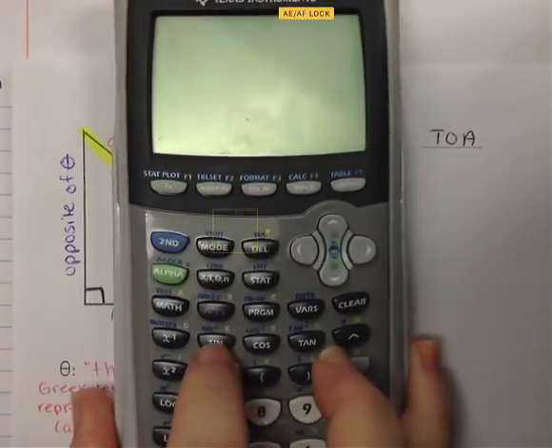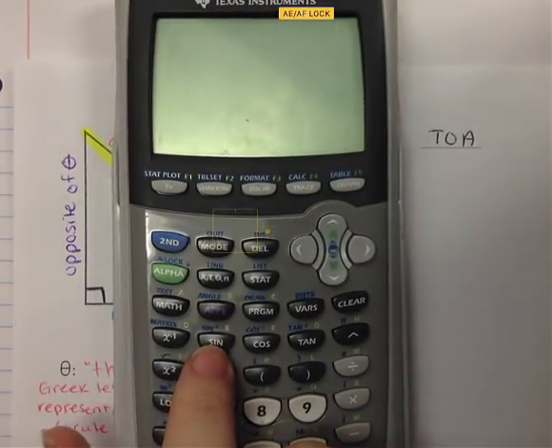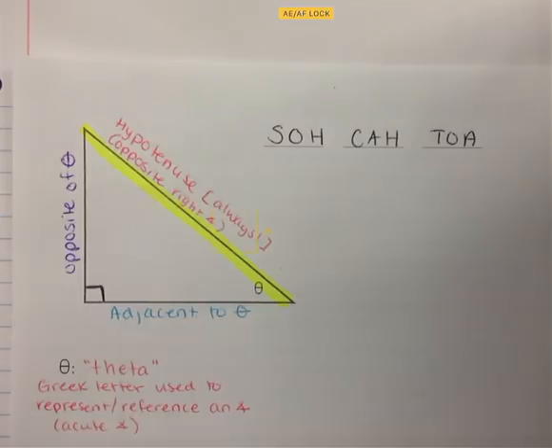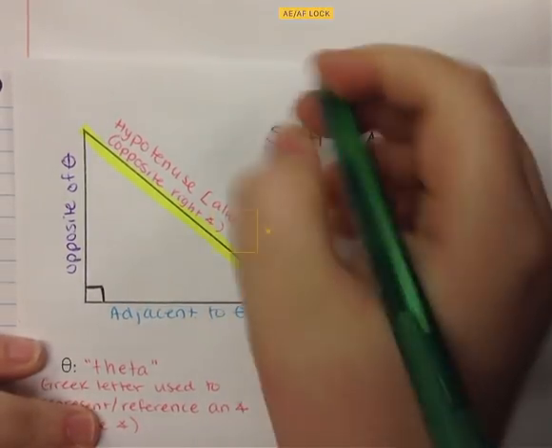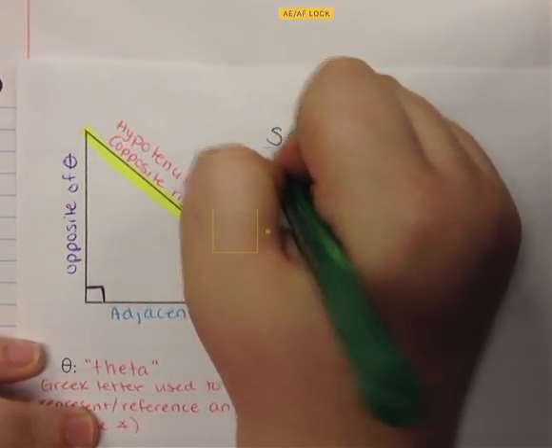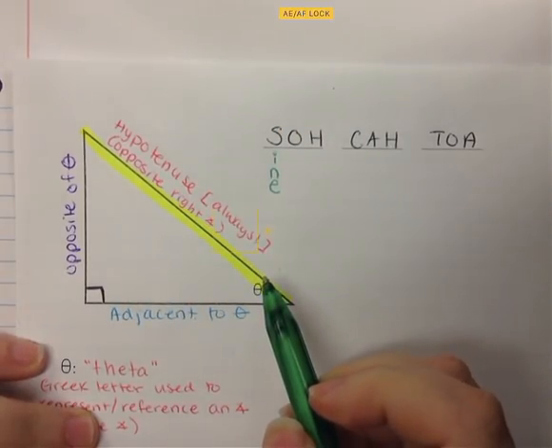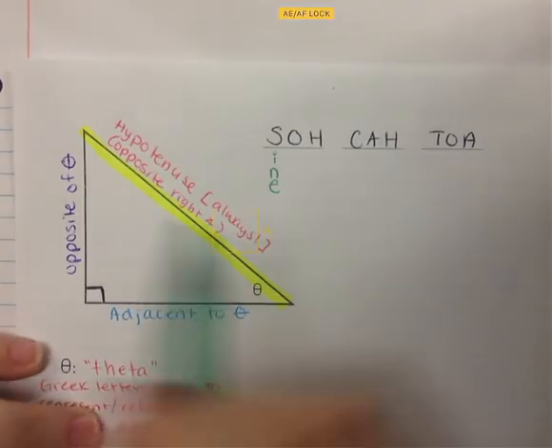This is what the S, the C, and the T stand for. If you see this word, this is an abbreviation because we can't put the entire word on these buttons. The S stands for sine, S-I-N-E. You do not pronounce it sin. This is sine.